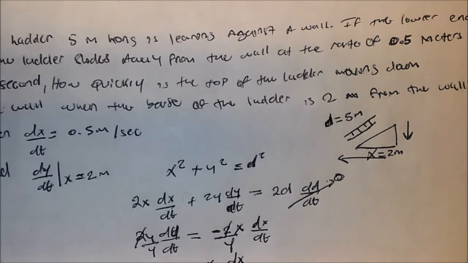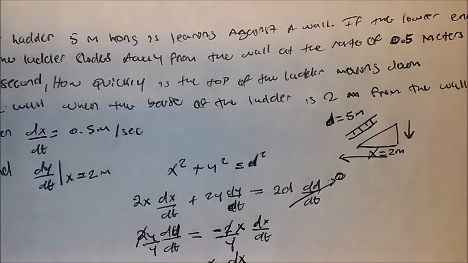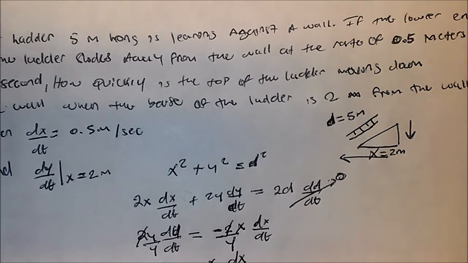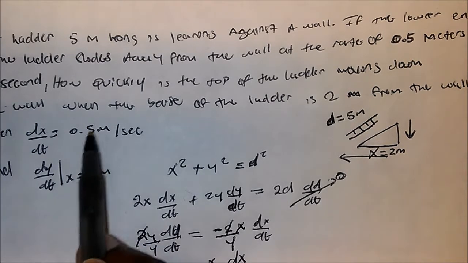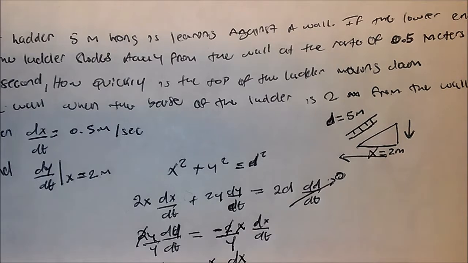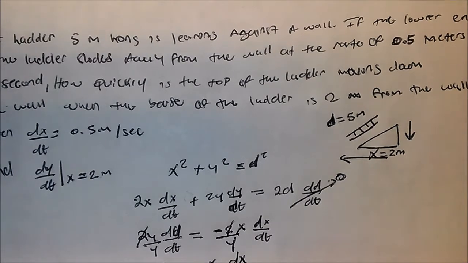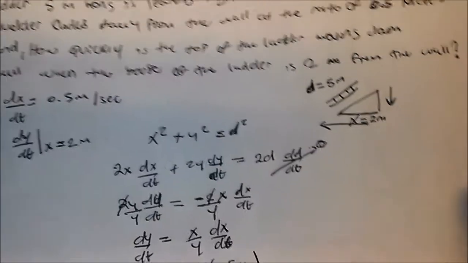Again, all we do now is just plug in our values. So dy dt will be, our x value is 2 meters, and dx dt is right here, so 0.5 meters per second. All right, now we don't know y, right? So here's what we could do.